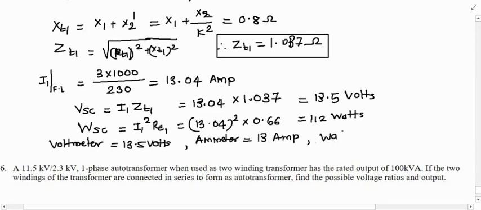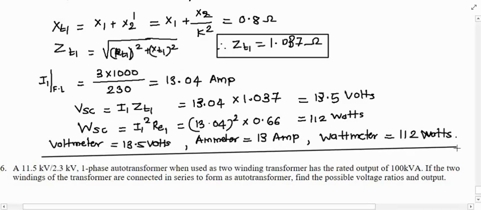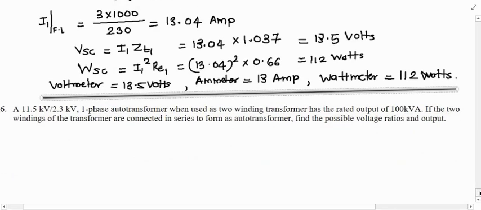And my wattmeter will show me a reading of 112 watts. I hope it is clear to all how to find out the meter readings when we have performed the open circuit and short circuit tests on the transformer.